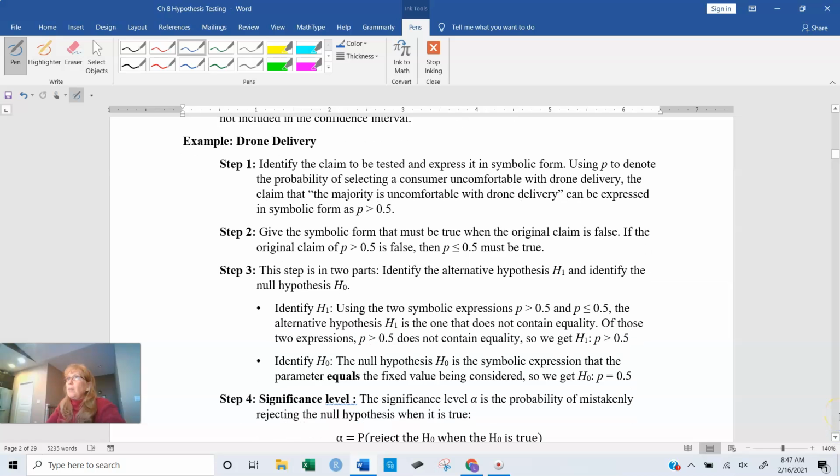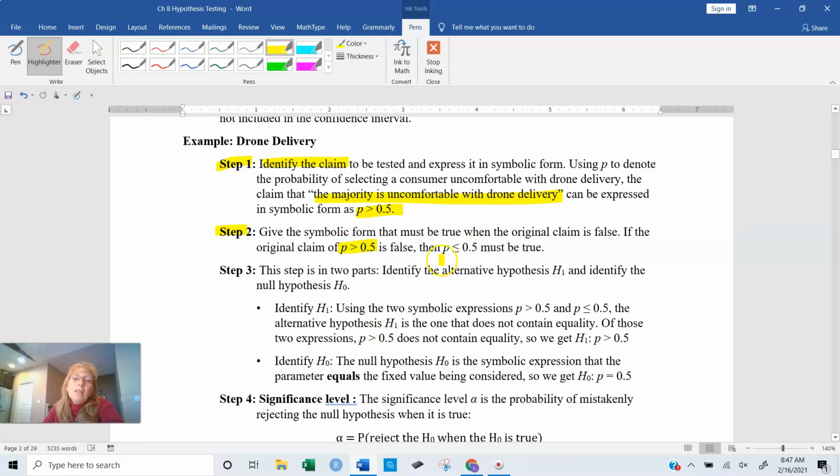All right, here's an example. Drone delivery. These are the steps you must follow to get all your points. So step 1, label them, identify the claim. What are we saying is happening? We're saying P is greater than 50%. If the majority is uncomfortable with drone delivery, which is P is greater than 50%, which is actually step 2, I need my symbolic.